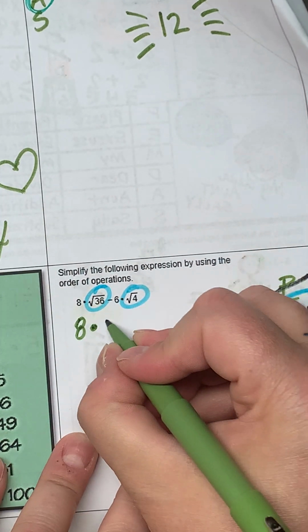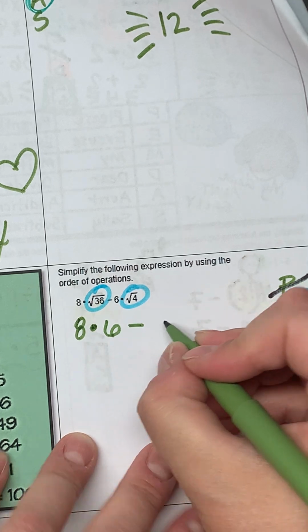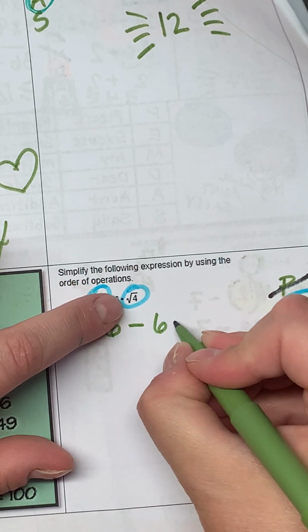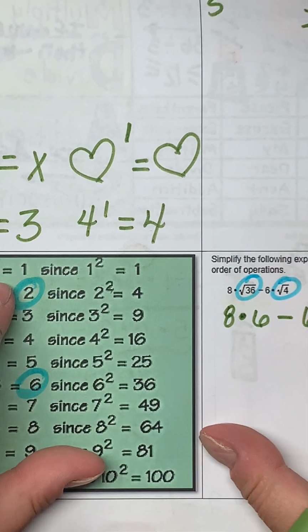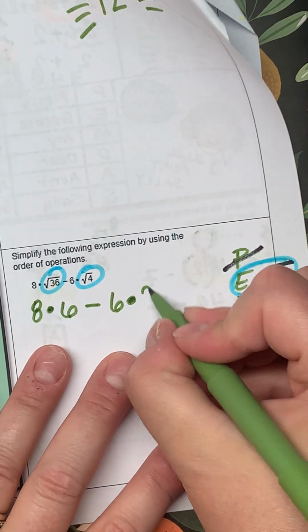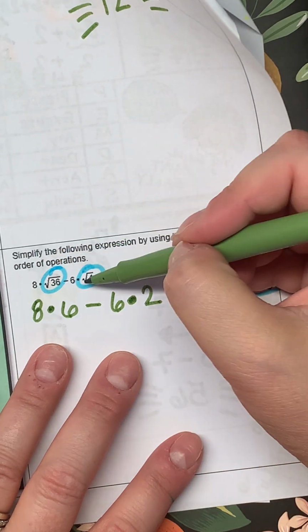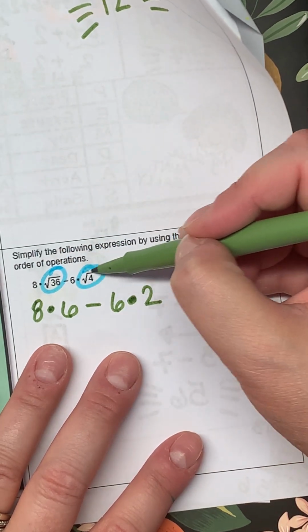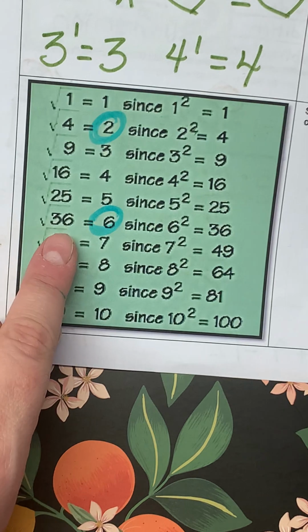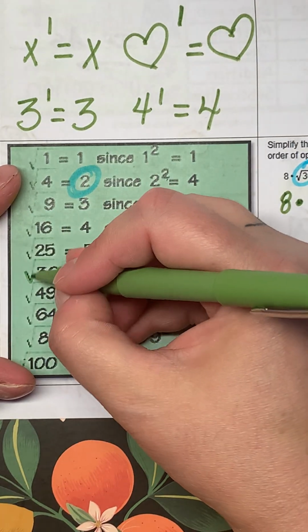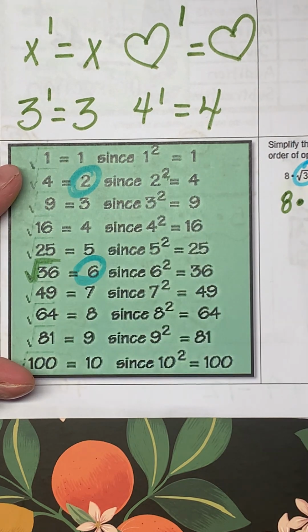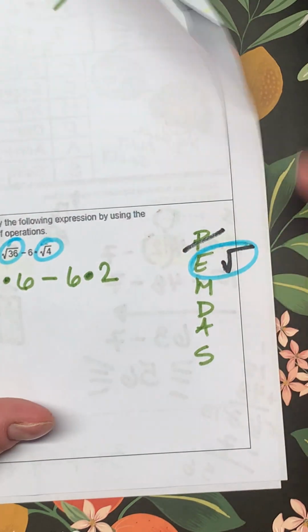The square root of 36 was just a 6 minus 6 multiplied by the square root of 4, which was 2. And you might be asking, well, where did this little square root house thing go? Well, when I take the square root of 36, it's just 6, and there's no more of this house.